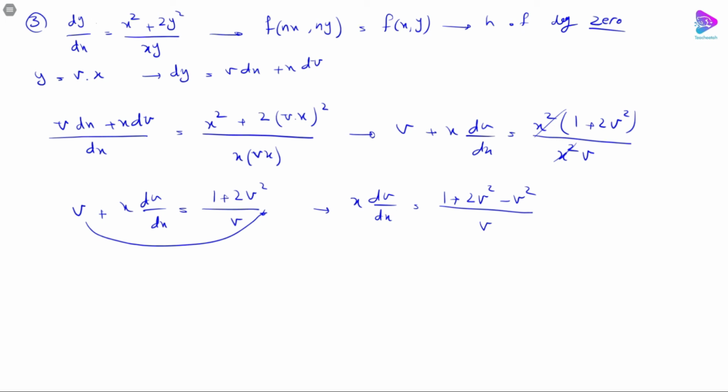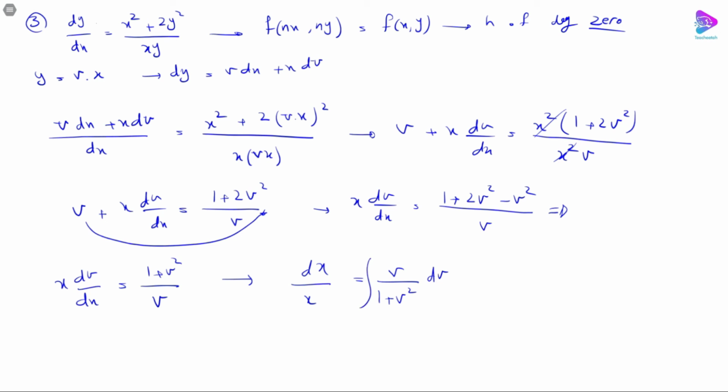So basically I brought that over and then multiplied it by v and added it to the top, which is, we're gonna end up at x dv over dx equal 1 plus v squared over v. And from here it becomes fairly simple, right? So I'm gonna have dx over x, if you flip it over basically, equal to v over 1 plus v squared dv.